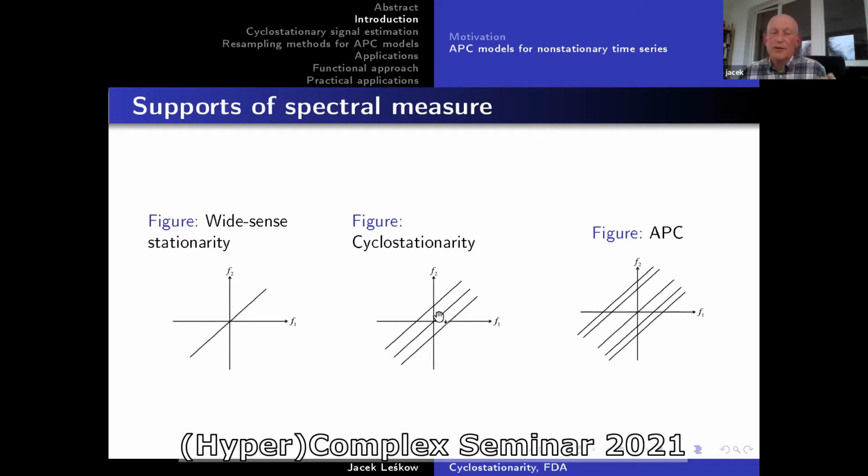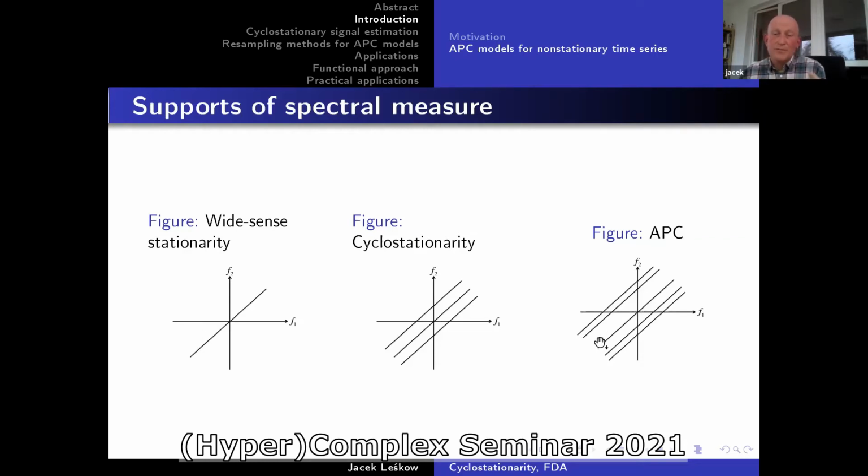Because a strictly periodic function is, of course, a very particular example of an almost periodic function. So cyclostationary signals, which are extremely popular in engineering, are simply a small subspace of the almost periodically correlated signals. For almost periodically correlated signals, you have lines that are parallel but not exactly equidistant.